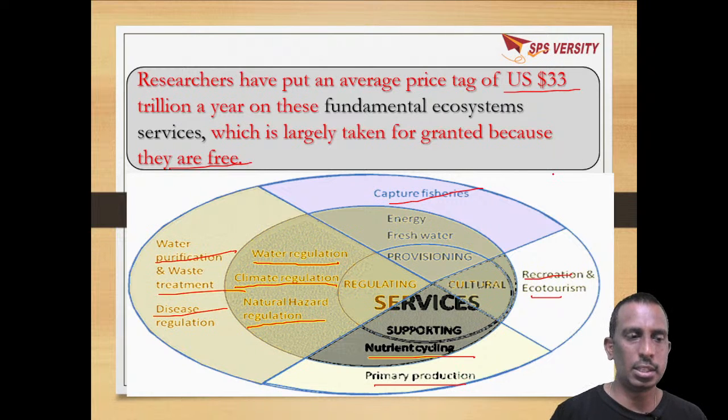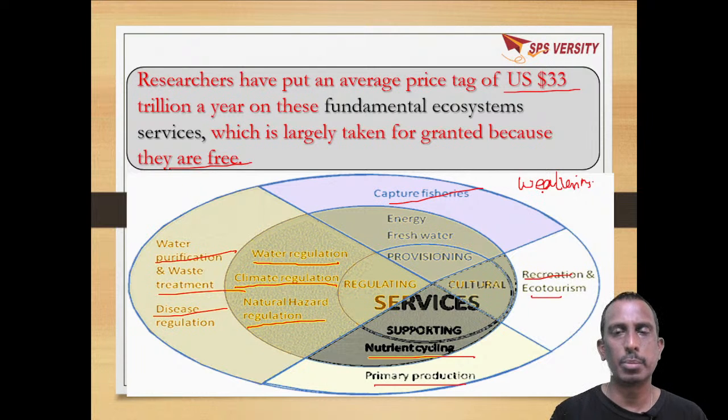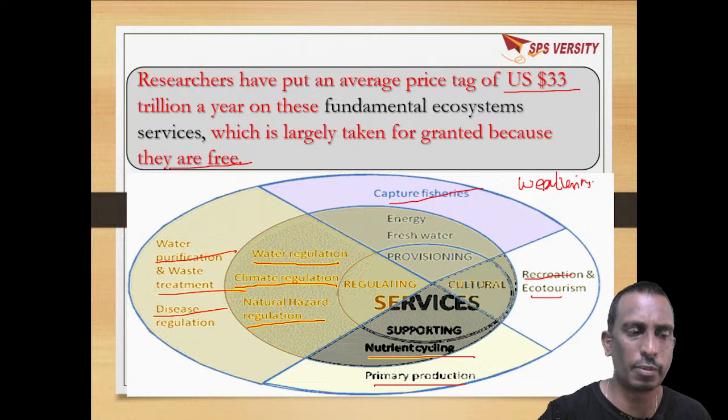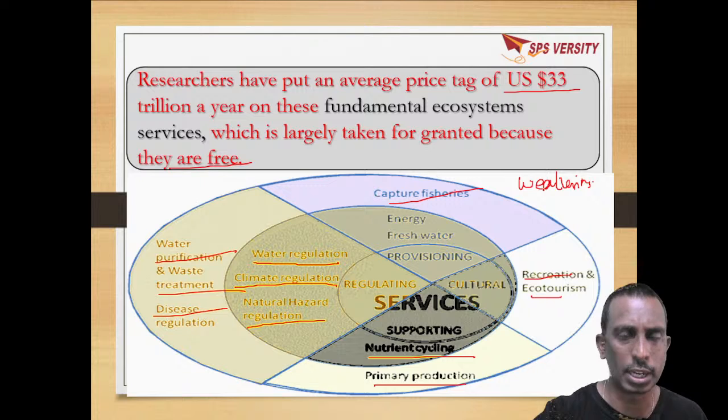In this, weathering and nutrient cycling occupy the major share, more than 10%. The remaining ones, like pollination and recreation, occupy roughly about 6%. So nutrient cycling, weathering, and climate control occupy the major share. And the remaining ones, like recreation, tourism, and pollination, are all ecosystem services provided to humankind for its benefit.